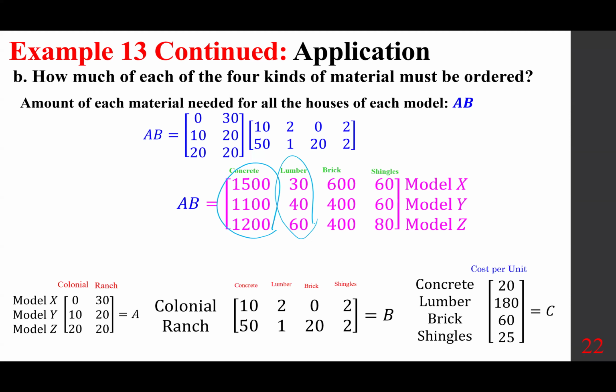Lumber, 30, 40, 60. Add them up, 130. Bricks, 600, 400, 400, 1400 total. Shingles, 60, 60, 80. This is what we need. So add up each column.